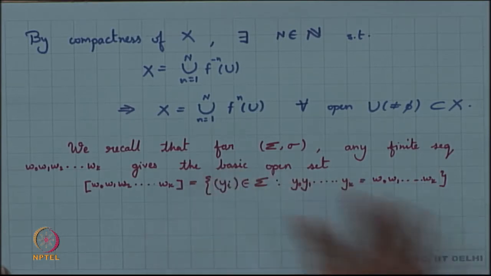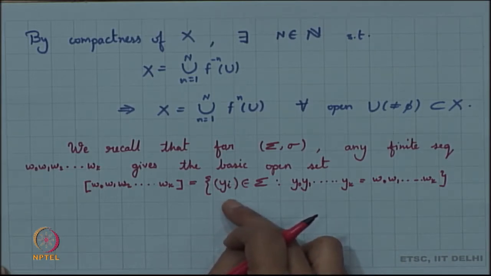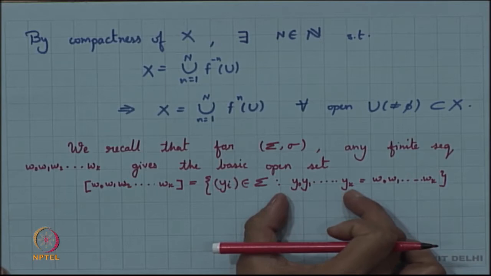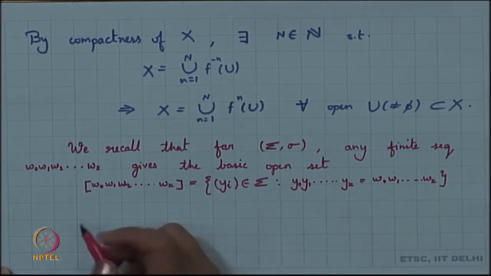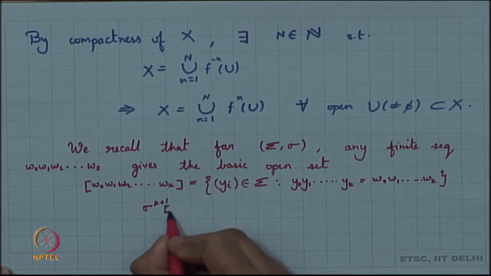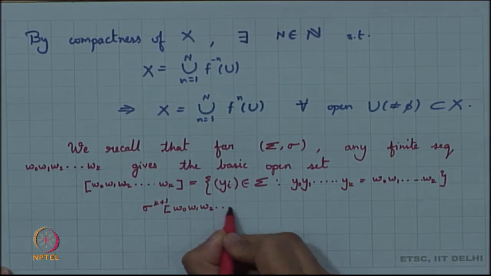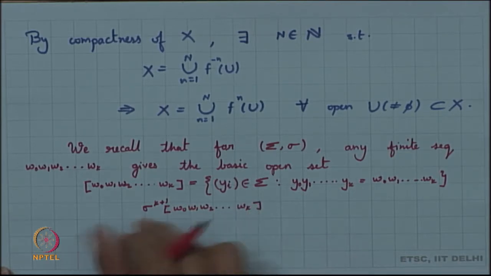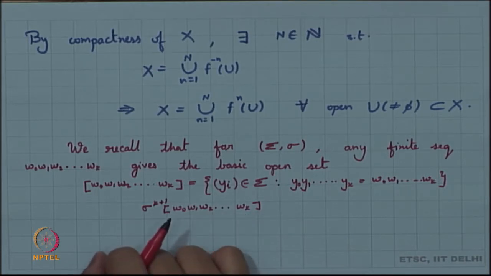Since the first k plus 1 values are fixed and the rest can be anything, what happens if I take sigma^{k+1} of this particular basic open set?